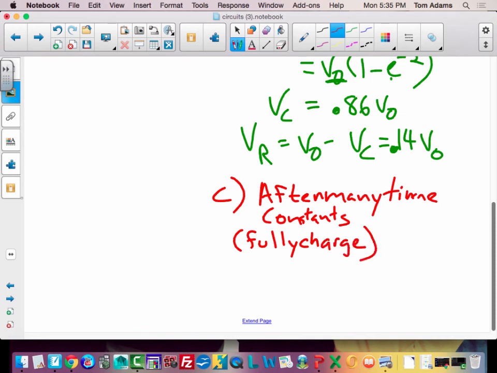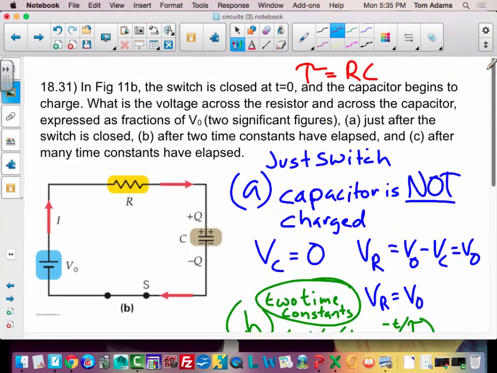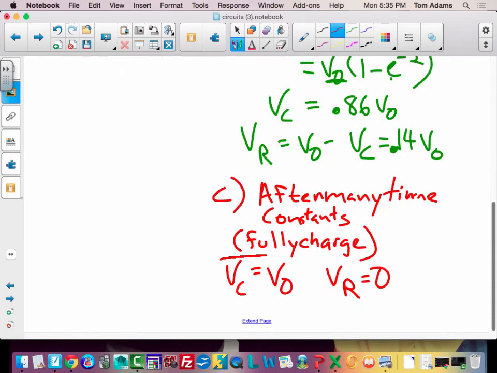Okay? And so if it's fully charged, then the voltage across the capacitor is now, instead of being equal to 0, it should be completely that voltage should have transferred from the battery completely over. And so then our voltage across the resistor will be 0. Okay? So that's part C.